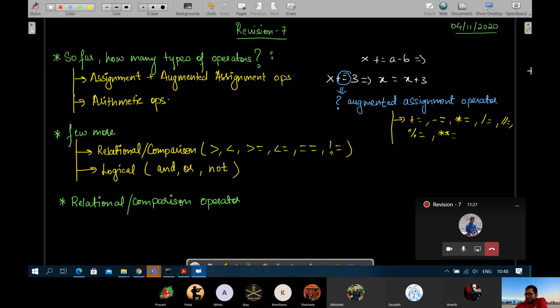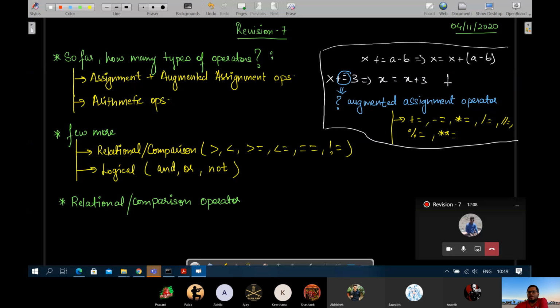What do you think? Correct. So this will imply x is equals to x plus a minus b. So this is your rough area.